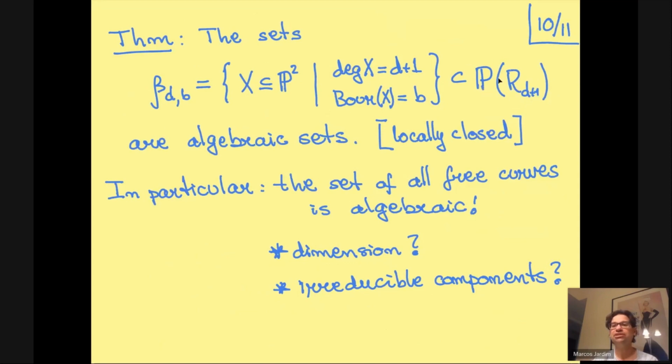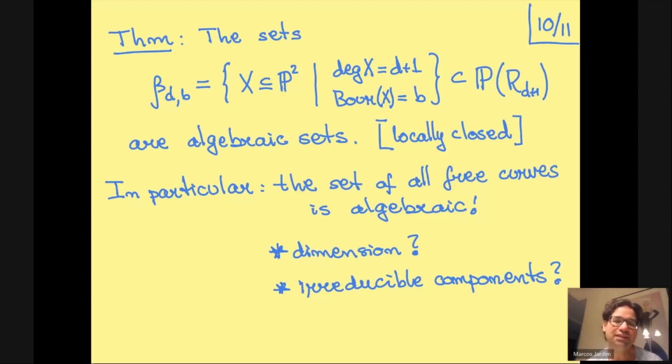In this projectivization, the set of all curves with a given Bourbaki degree is locally closed. So these are algebraic sets. And in particular, the set of all free curves is algebraic as well.